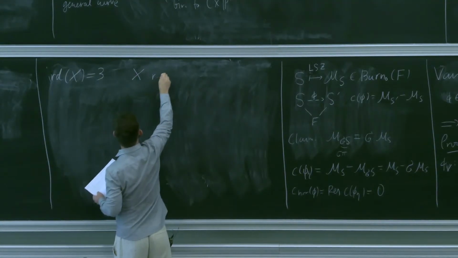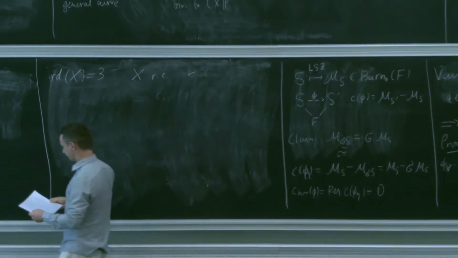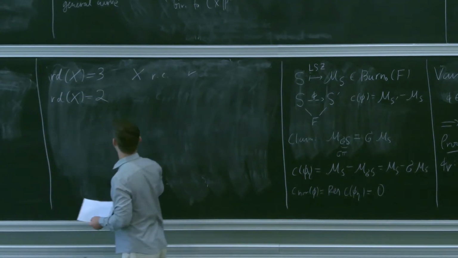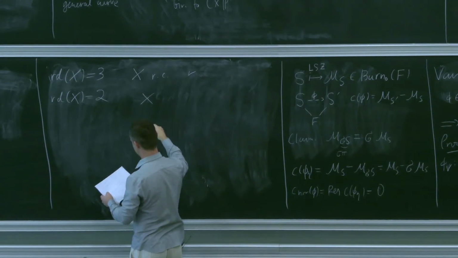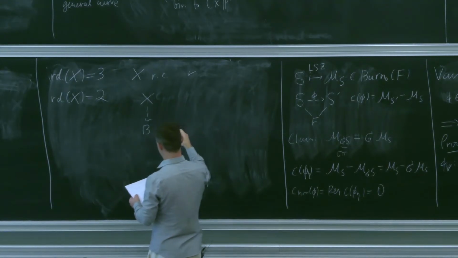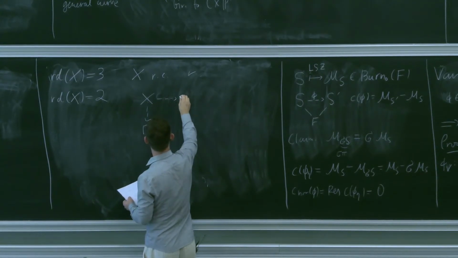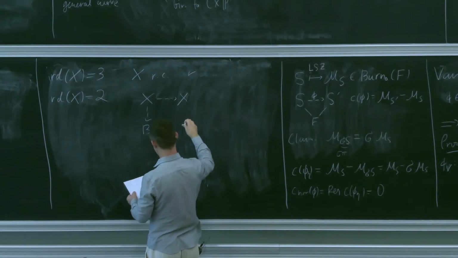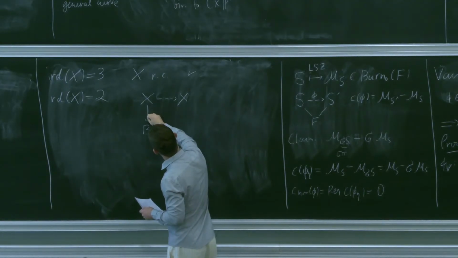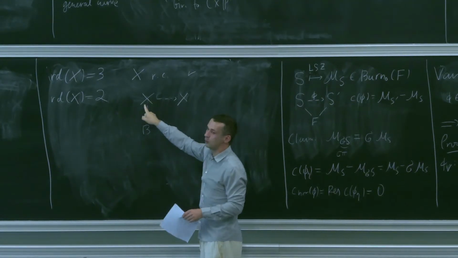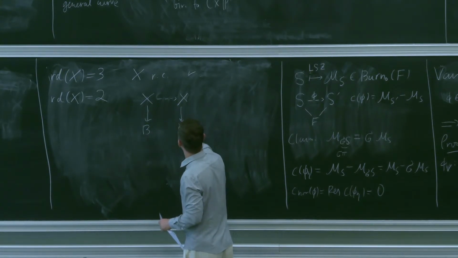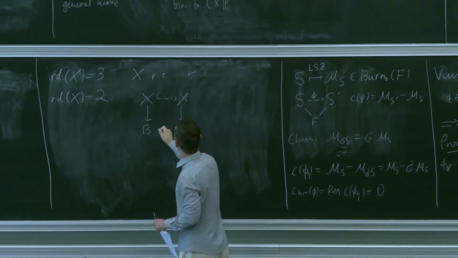So X is rationally connected, and we have checked this. Rationally connected dimension 2. Earlier I insisted on rational maps, but I also said that if we want to, we can resolve these maps and make them regular, and maybe it's convenient to resolve them and work with regular maps.